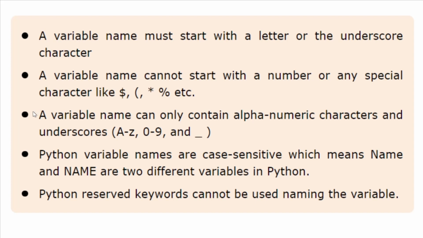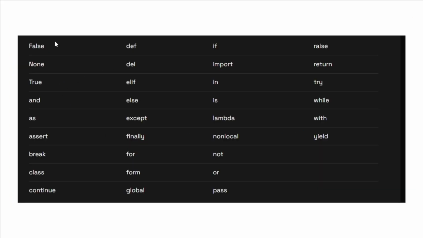A variable can only contain alphanumeric characters and underscore, that is A to Z, 0 to 9, and underscore. Python reserved keywords cannot be used for naming variables. We have a total of 33 reserved keywords in Python, and we cannot use them as variables. So you can take a look: False, def, del, elif, else, lambda, nonlocal, yield, finally, for, global, pass, continue. These are the 33 reserved keywords.